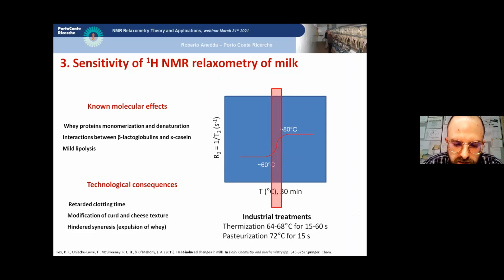However, although the work by Lambelet and co-workers suggested a promising application of NMR relaxometry, it did not result in practical application in the daily industry. Likely, drawbacks of these works were the use of long treatment durations. They used 30 minutes heating duration, which is quite far from the generally adopted treatments in the dairy industry.